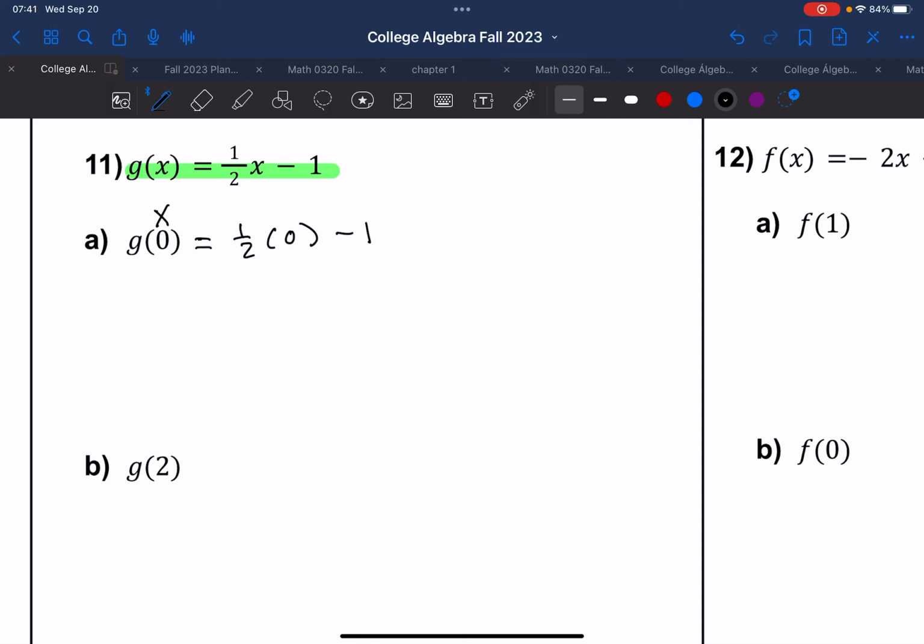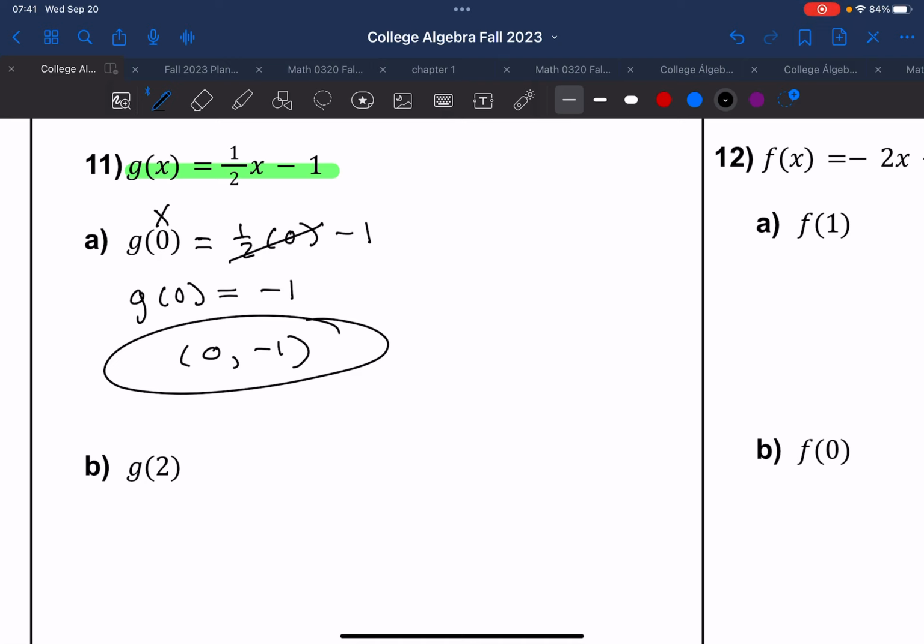If we simplify this, 1/2 times 0 cancels out, and g of 0 is equal to -1. However, my answer has to be written as a point. Remember, 0 is my x. So it would be (0, -1). That's my answer.